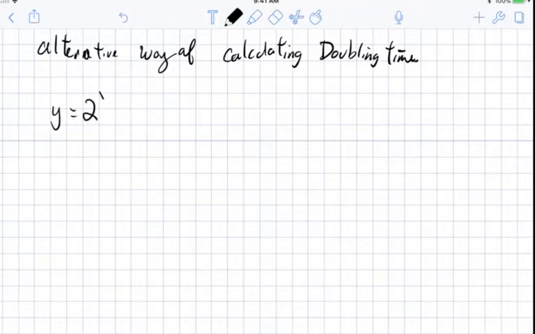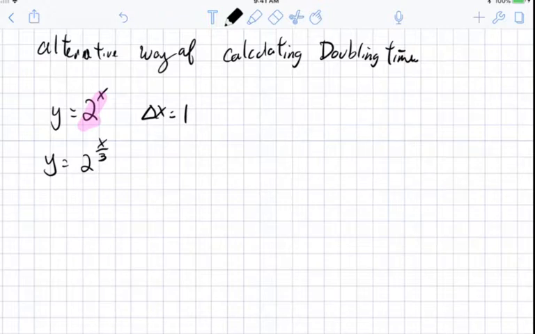What's the doubling time of that? How much does x need to increase for y to double? The doubling time of this one is 1. Every time x goes up by 1, the value of y doubles. Good. How about this one? 2 to the x over 3. How much time does it take for y to double?